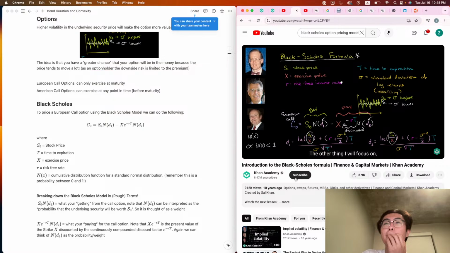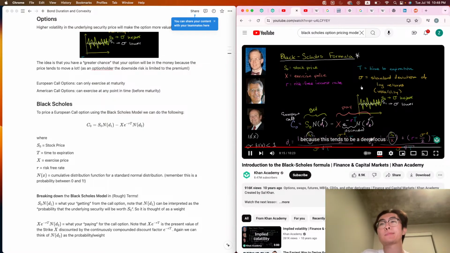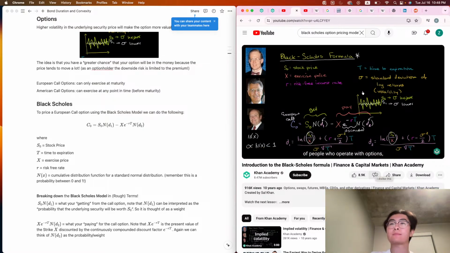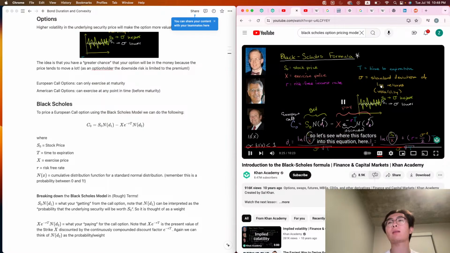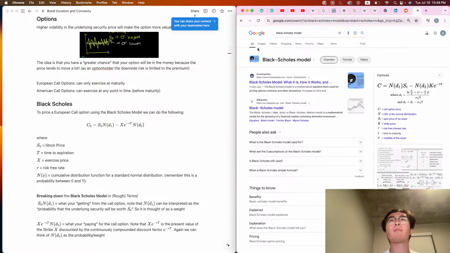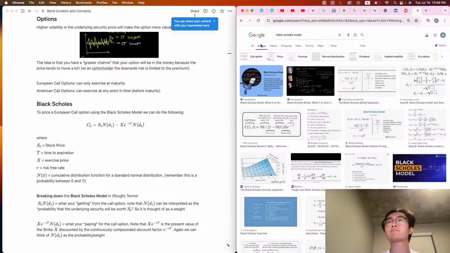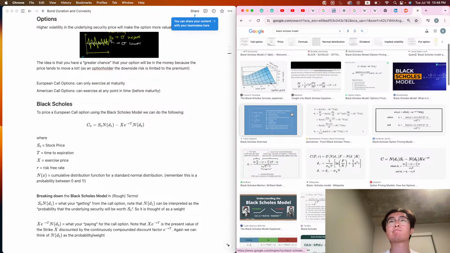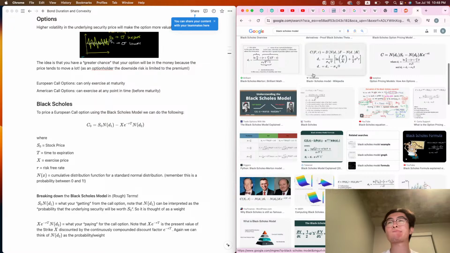The other thing I will focus on, because this tends to be a deep focus of people who operate with options, is the volatility. We already had an intuition that the higher the volatility, the higher the option price. So let's look at the Black-Scholes model graph.